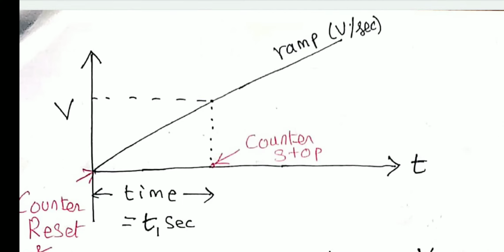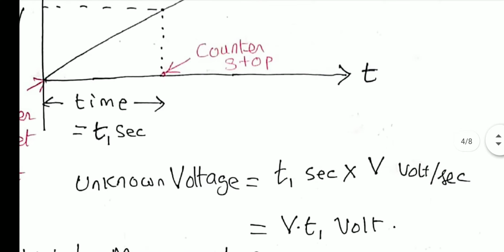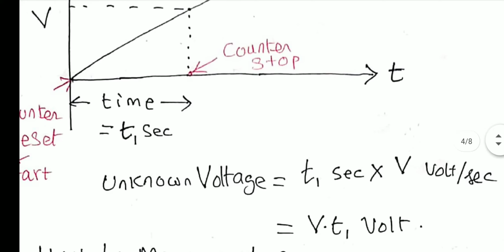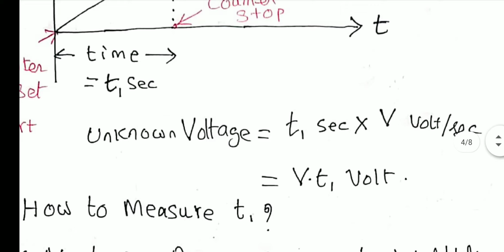Ramp rate means slope rate, voltage per second. So once you know the time t1 and the ramp rate in volt per second, when you multiply them, the seconds cancel out, and you get the voltage V1, that is the unknown voltage.